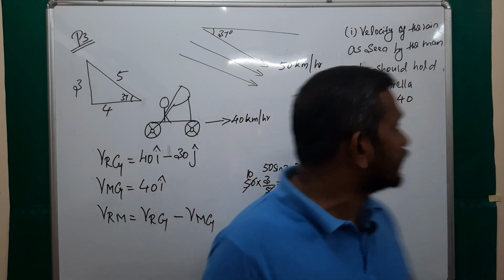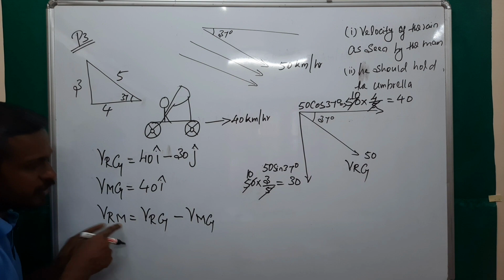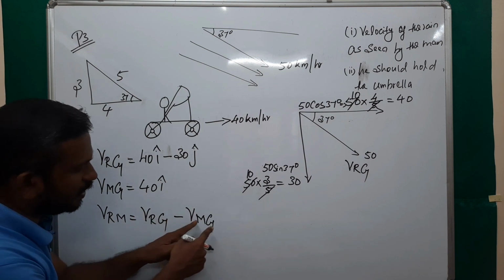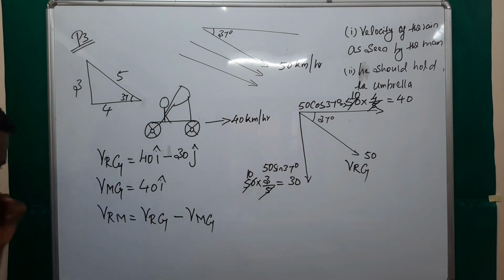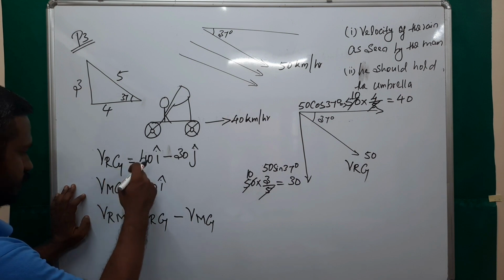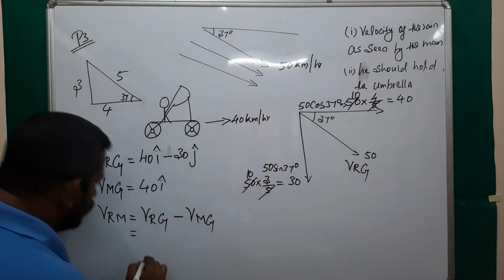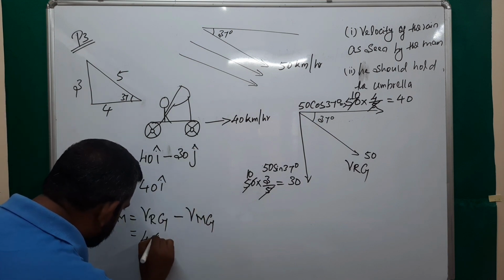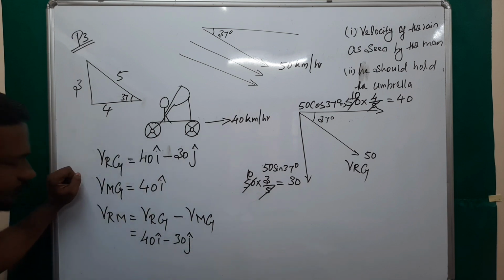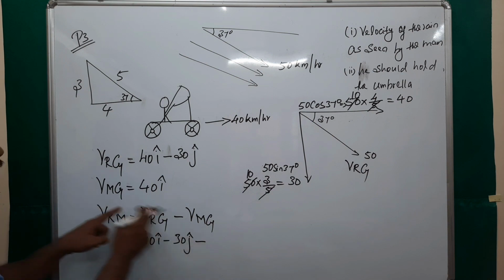So the velocity of the rain with respect to the man is equal to the velocity of the rain with respect to the ground minus the velocity of the man with respect to the ground.